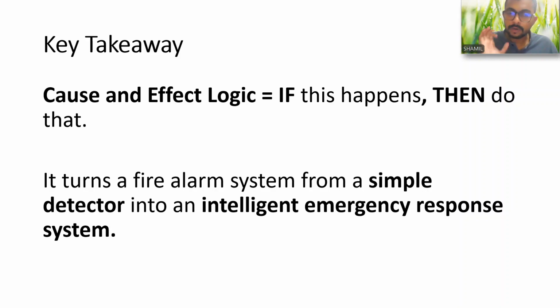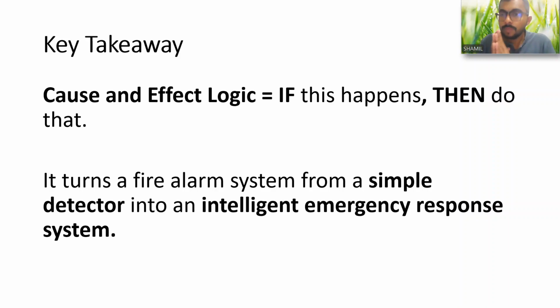To summarize this video, as we are coming to an end: cause and effect logic is basically about if this particular cause happens, then the fire alarm system will do this particular action. The cause is mapped, or linked, to the action.